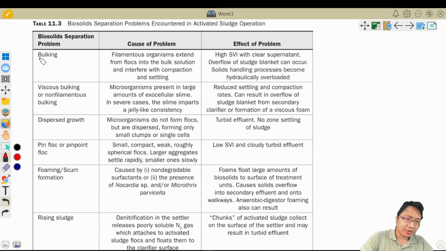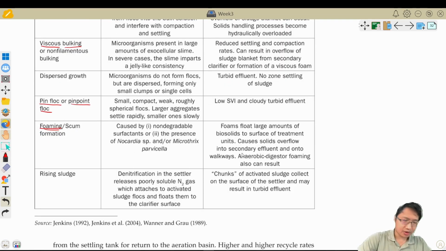Like we just said, there is bulking, and bulking also includes viscous bulking, related to filamentous organisms. We also sometimes get thin flocs, pinpoint flocs, and the foaming issue, and sometimes rising sludge.